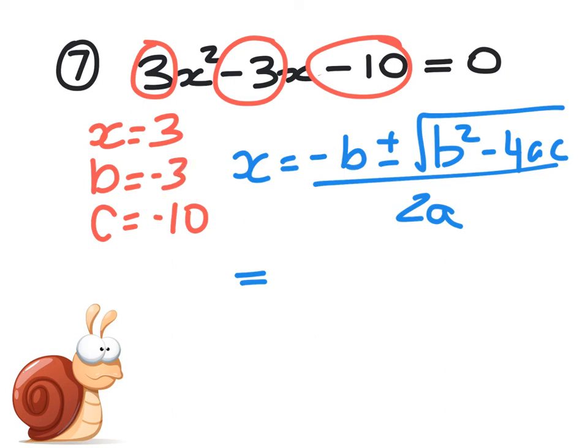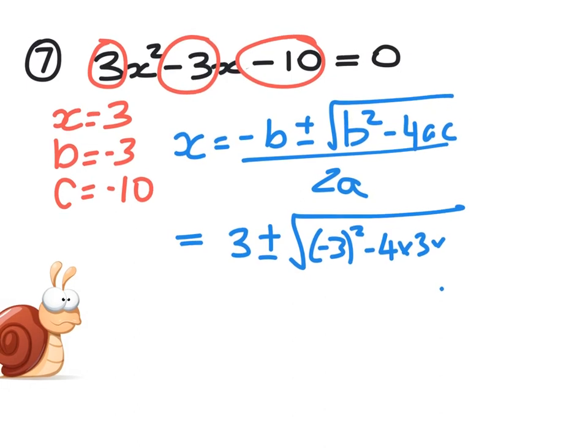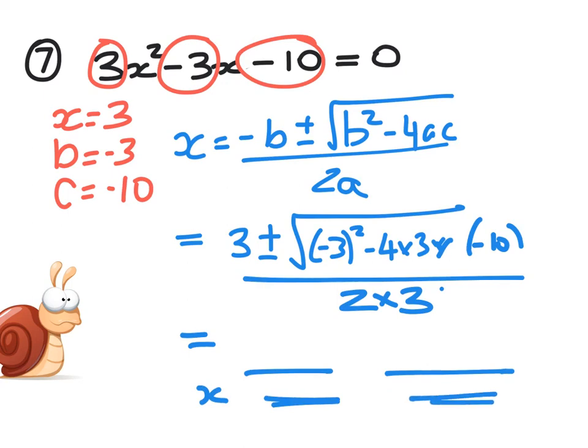So you're going to start off with 3 plus or minus the square root of (negative 3) squared, take away 4 times 3 times negative 10, and that's all being divided by 2 times 3. So if you work all that out, give me the unrounded answers and then give me the rounded answer. Okay, that's us guys.